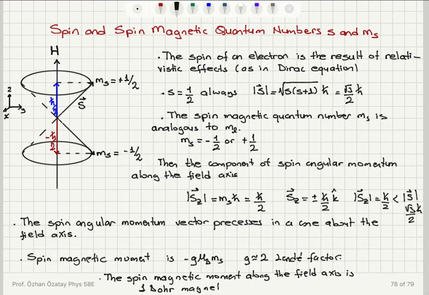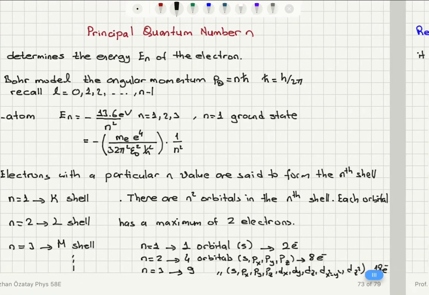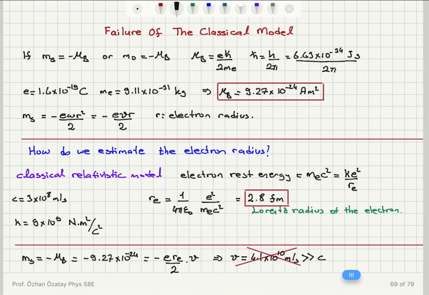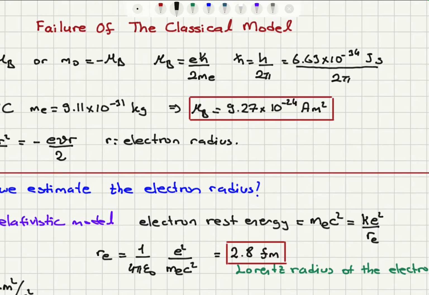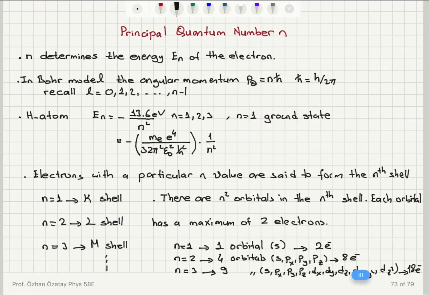And remember, the Bohr magneton is e h bar divided by twice the mass of the electron. We talked about the Bohr magneton in the classical model, where I also gave the numerical value, 9.27 times 10 to the minus 24 ampere meter squared in SI units.